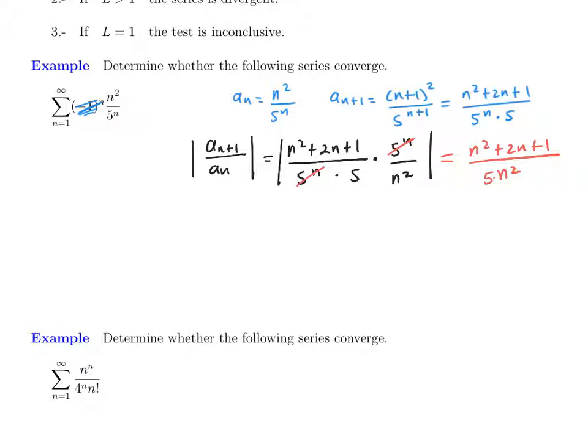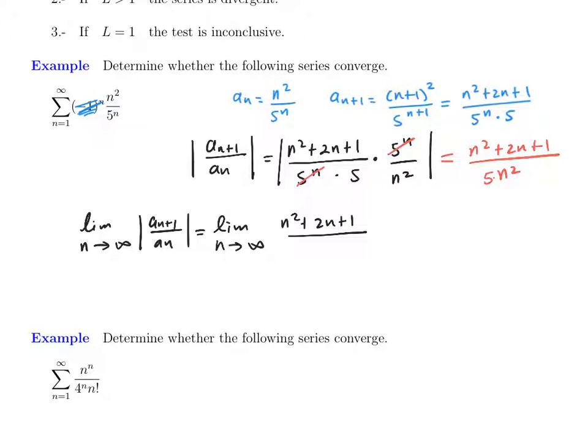Now we apply the limit. So the limit as n goes to infinity of the ratio is the same thing as the limit as n goes to infinity of n squared plus 2n plus 1 over 5 n squared.